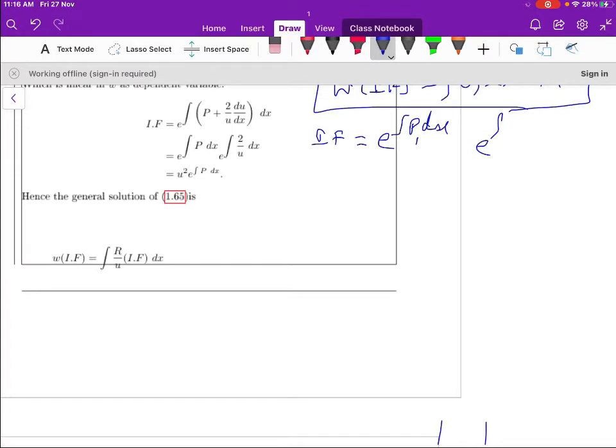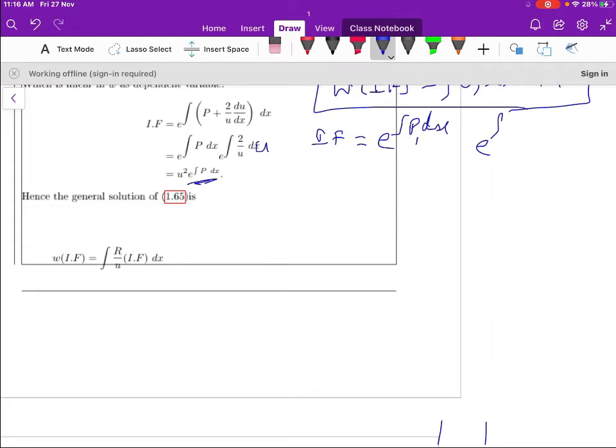So now IF is equal to e to the power of integral of p plus 2 by u into du by dx into dx. Here e to the power of integral of p dx times e to the power of integral of 2 by u into du, since dx cancels, that is du. So e to the power of integral of p dx, keep it as it is.